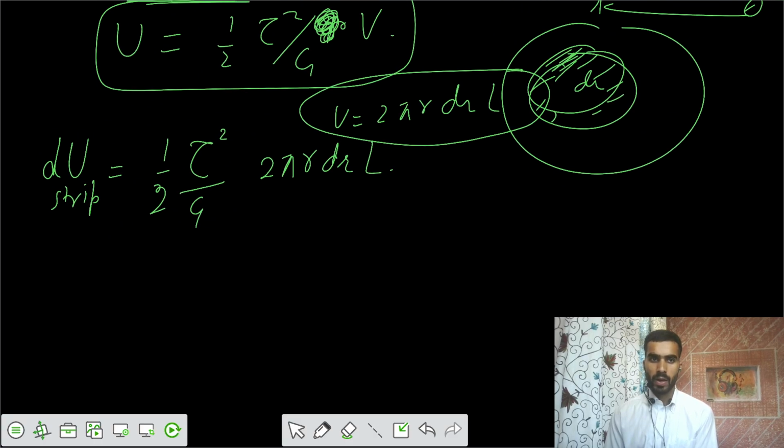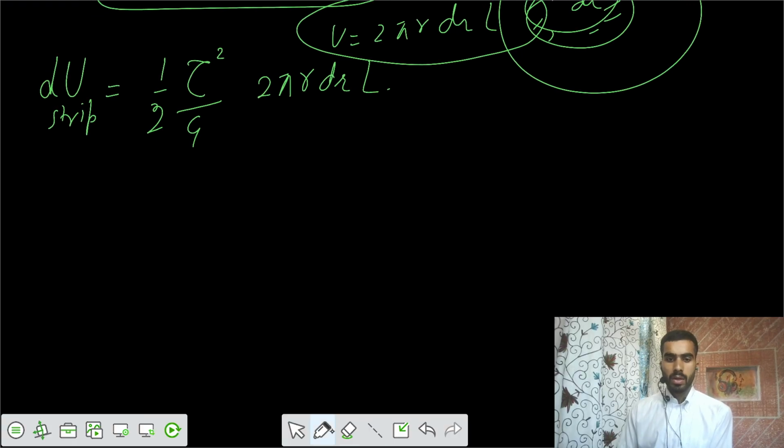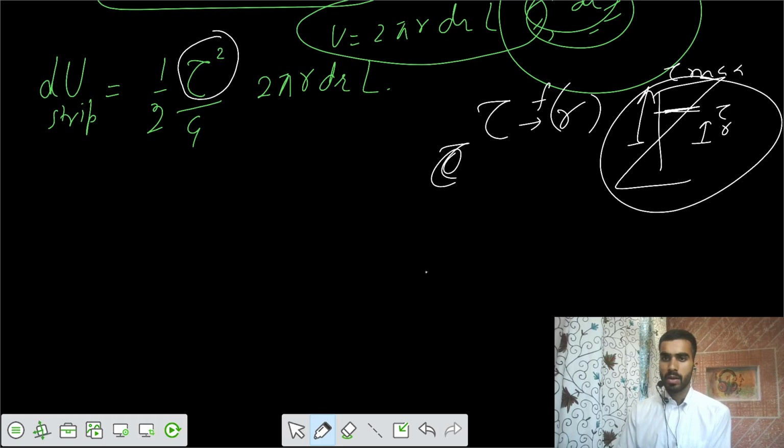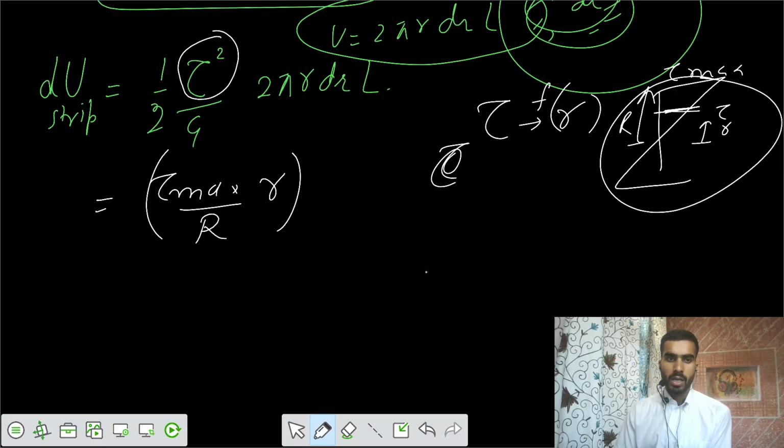Now the thing is that tau itself is a function of r. If you take tau max at capital R and multiply by small r over capital R, it would give you the shear stress at radius r.